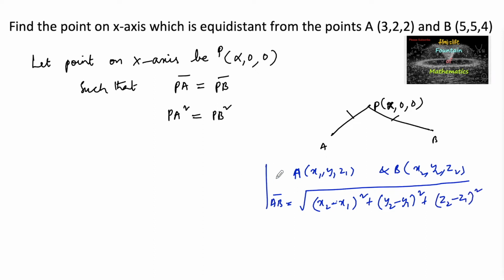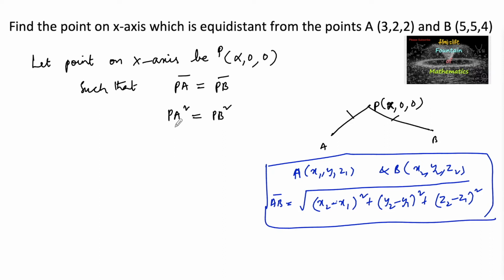So by using this distance formula, we can remove the root and write PA square, where P is (alpha, 0, 0), A is (3, 2, 2), and B is (5, 5, 4).